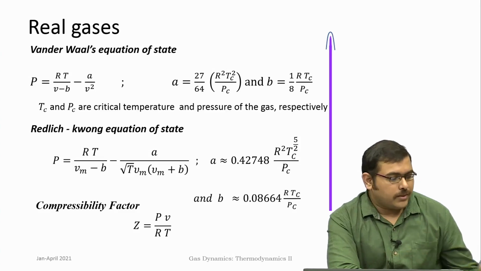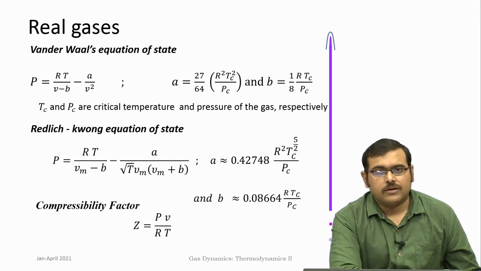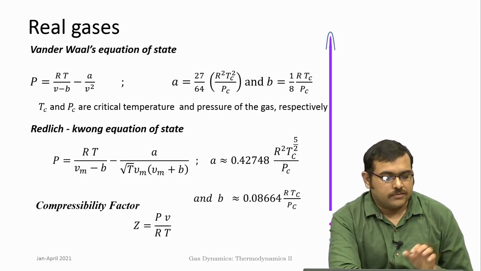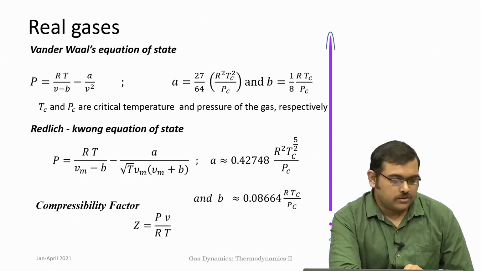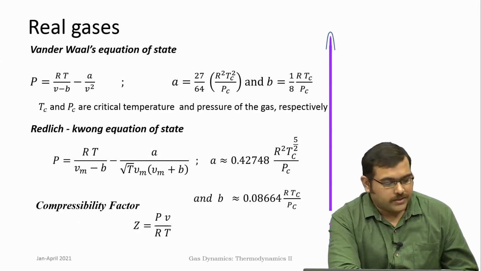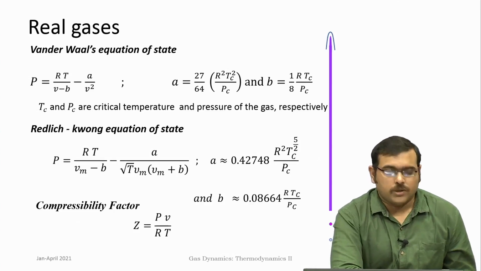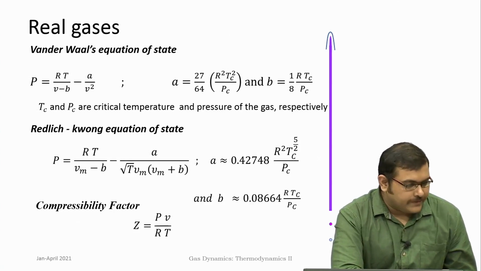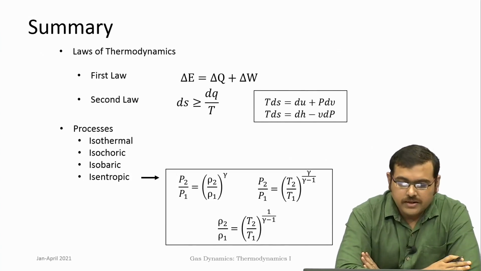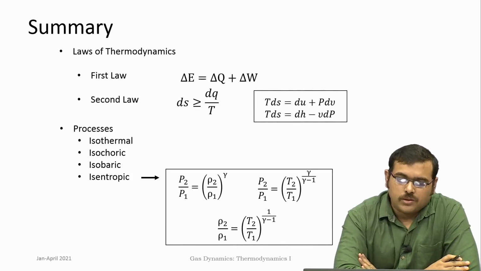But these equations have been put up here for understanding that there may be cases where the ideal gas law may not hold, and in order to solve the compressible flow equations you may need to use a different equation of state.